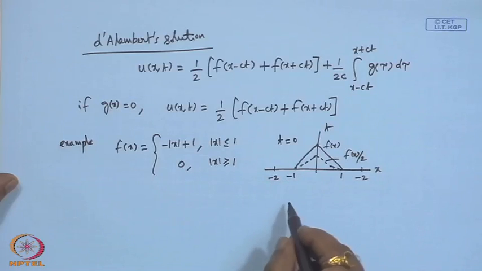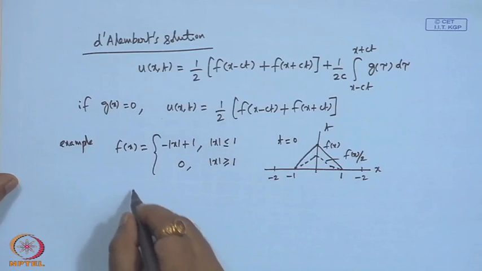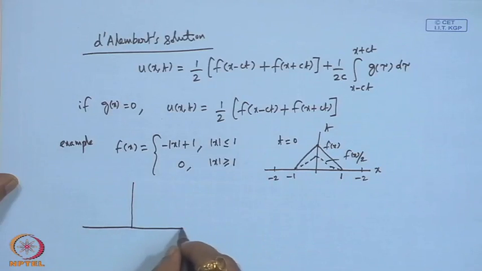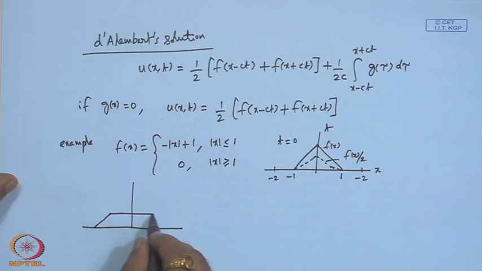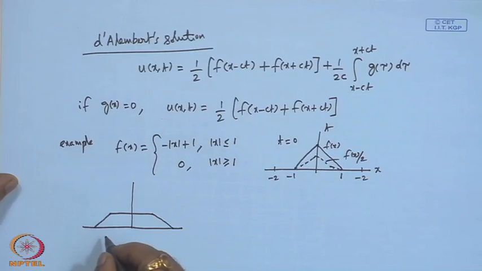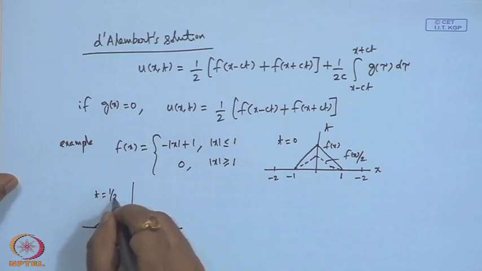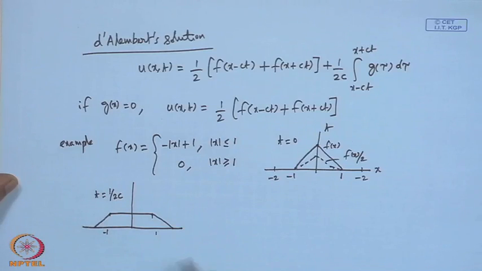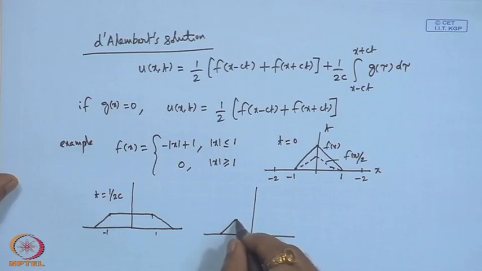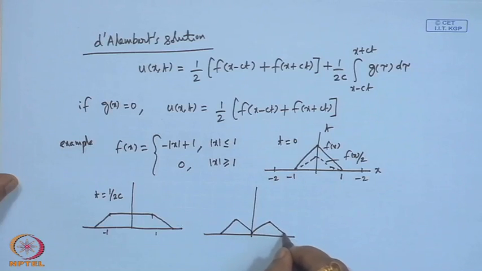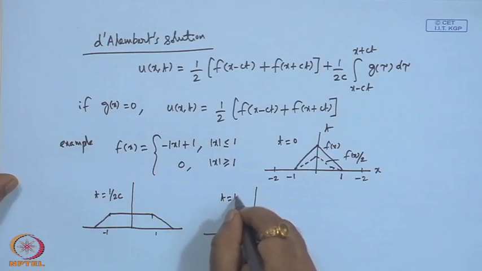Then what would happen correspondingly? This is at t equal to 1 by 2c, and further, this is at t equals 1 by c.